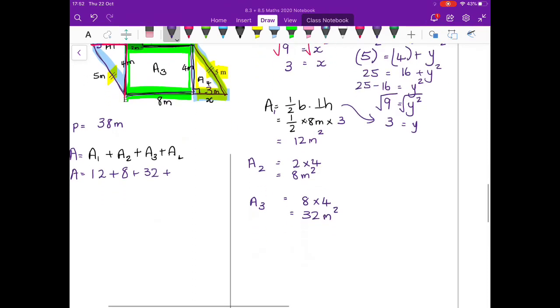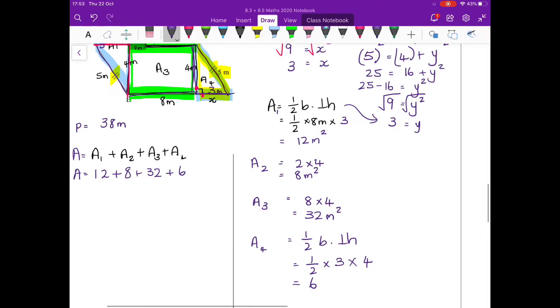And then the last one is a triangle again, so area 4 equals half base times perpendicular height, and my base was 3 meters. Remember, your right angle connects the two lines that you're going to multiply together, so that would be a half multiplied by 3 multiplied by 4. 4 3s are 12. 12 divided by 2 is 6.